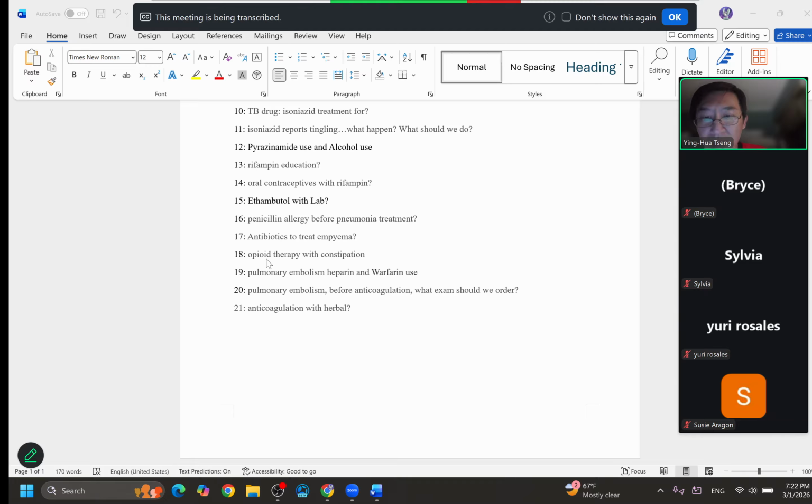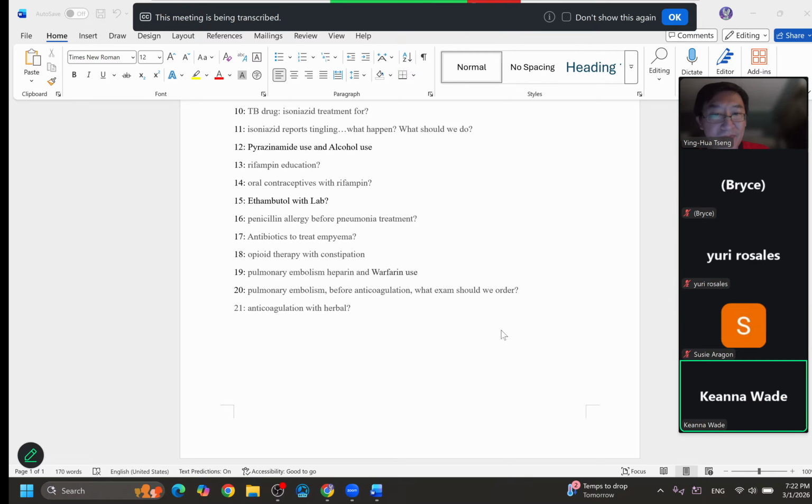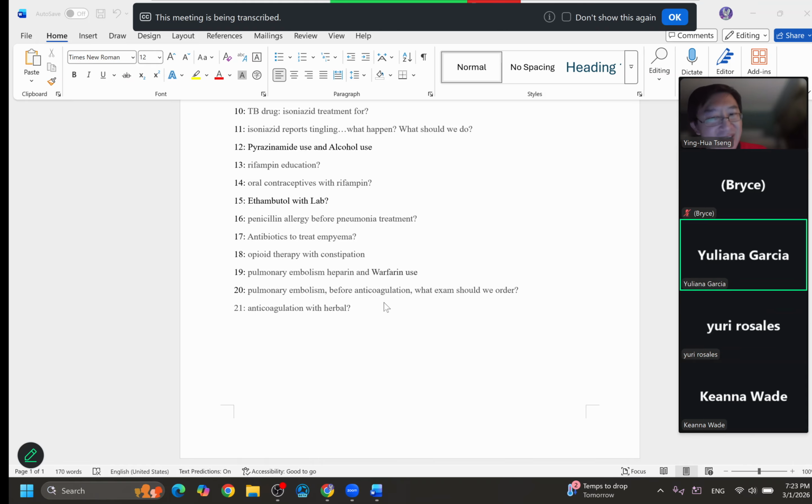And the pulmonary embolism. Before the anticoagulant, what exam should we order? INR? Angiography? I didn't say heparin, but it's a very good guess.